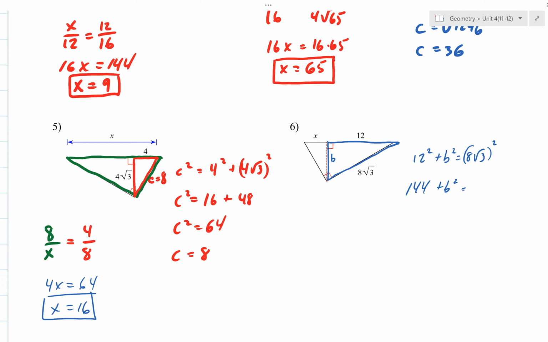So 64 times 3 is 192. So now we have b squared equals 192 minus 144. B squared equals 48. So b equals square root of 48, which is 4 root 3. So side b is 4 root 3.